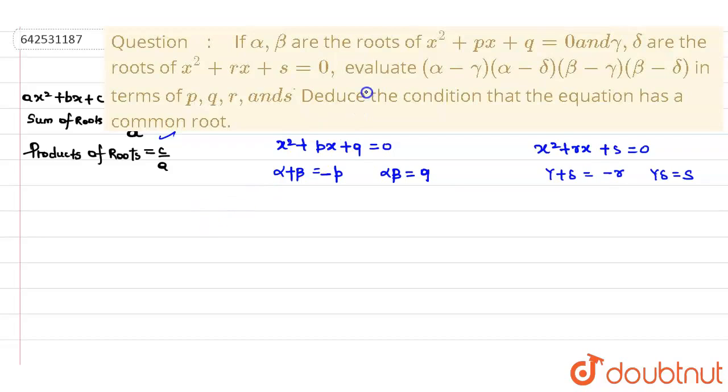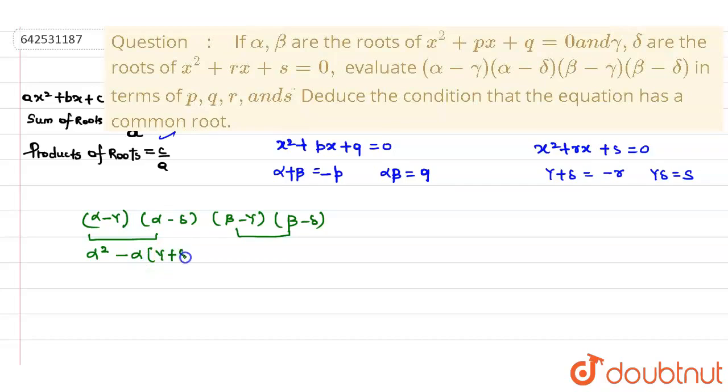Now let's write this expression. We know alpha minus gamma, alpha minus delta, beta minus gamma, beta minus delta. So let's take two factors together. This is considered to be alpha square minus, if I take alpha common, alpha times gamma plus delta, plus gamma delta. This is considered to be one expression.